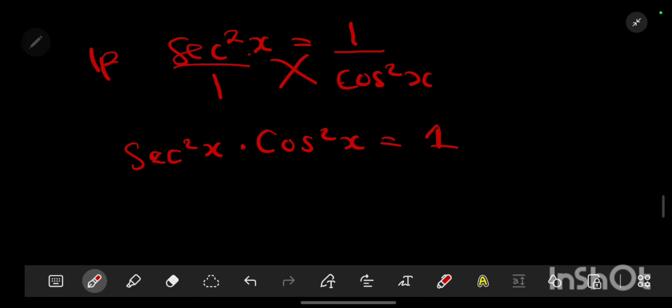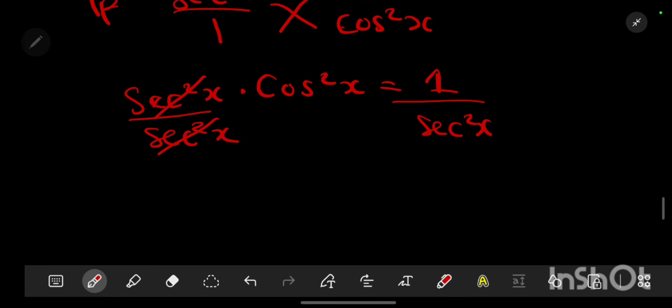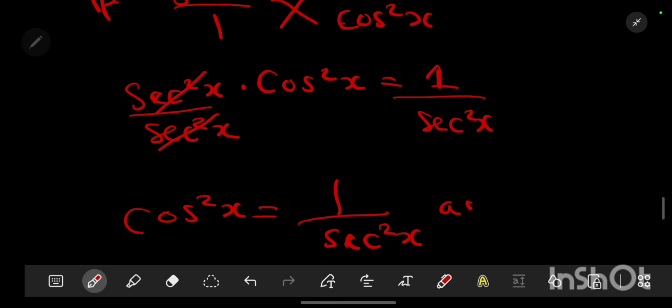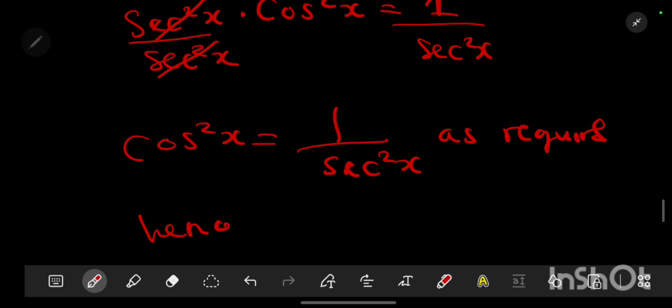Then you divide by sec squared x on both sides. So as you can see, cos squared x is equal to 1 over the sec squared x, which is as required. So as required, you can put hence shown like that.